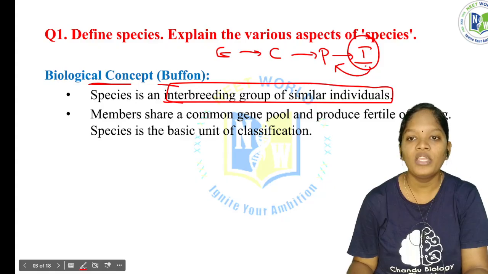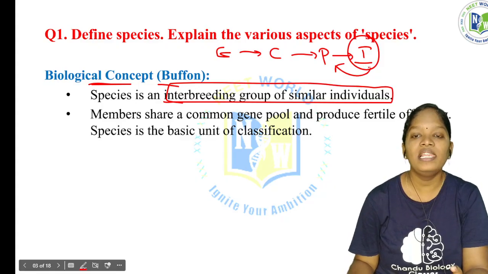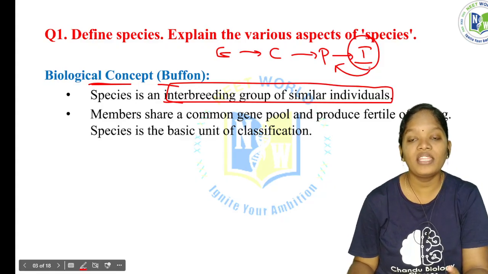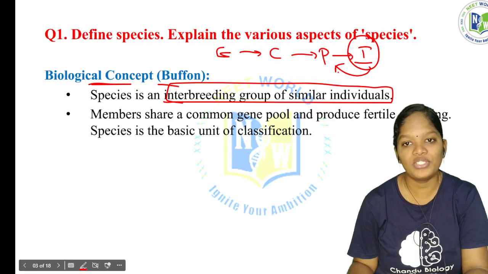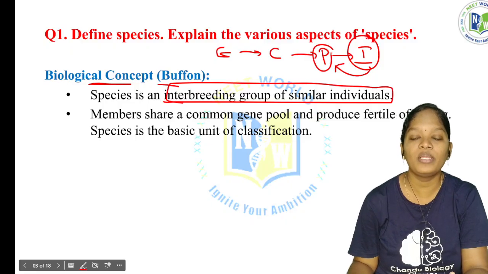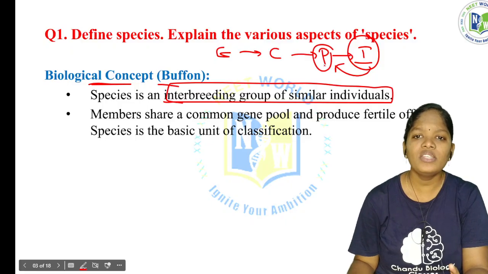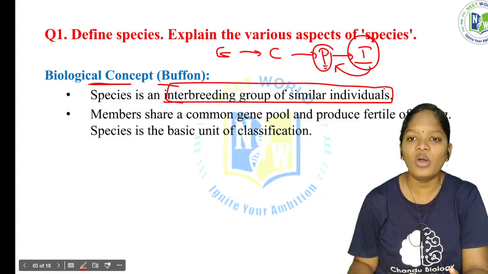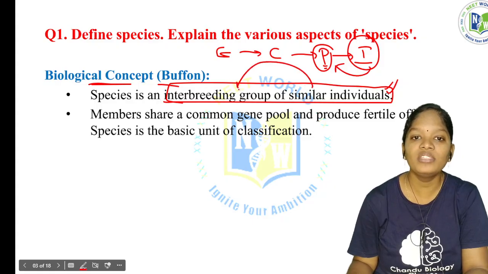It is wrong to call any simple group of individuals a population. A group of individuals living in the same area, all belonging to the same species, is called a population. In this population, all of them are similar individuals, and there has to be interbreeding among themselves. That is called a species.